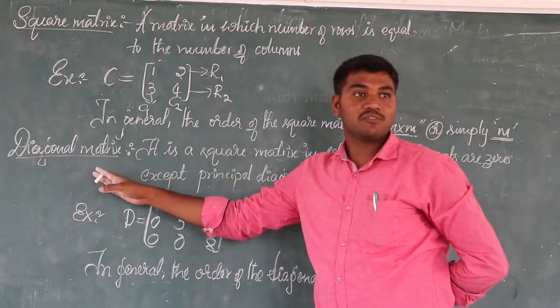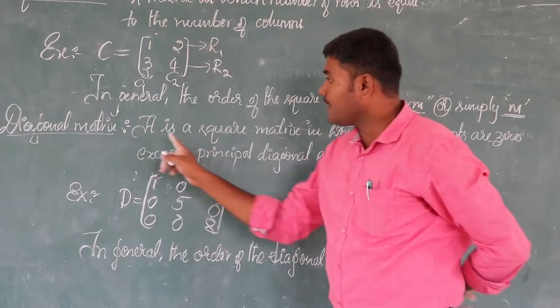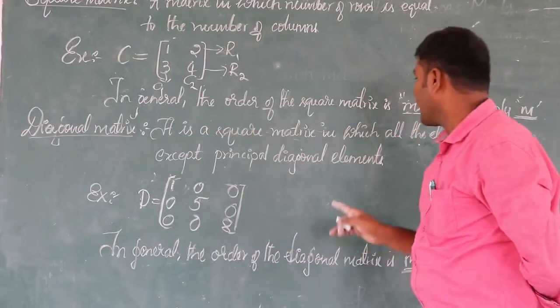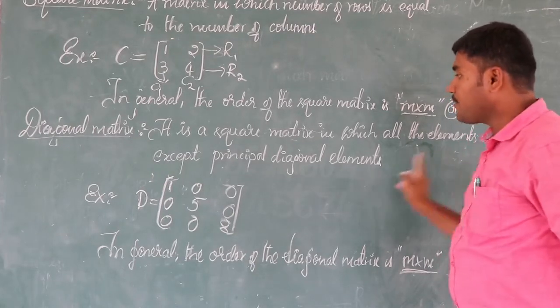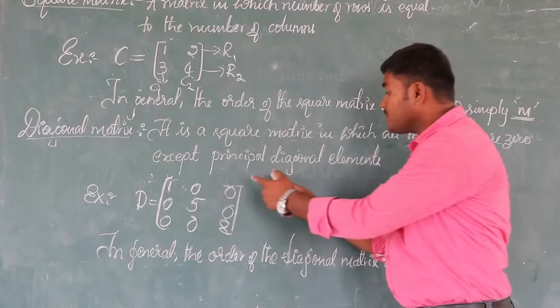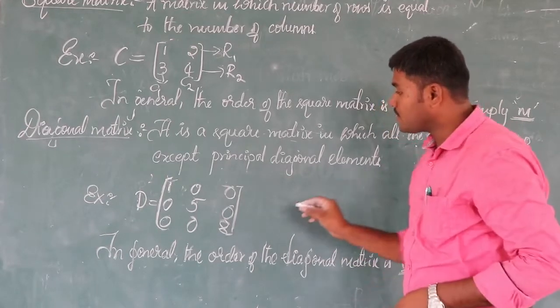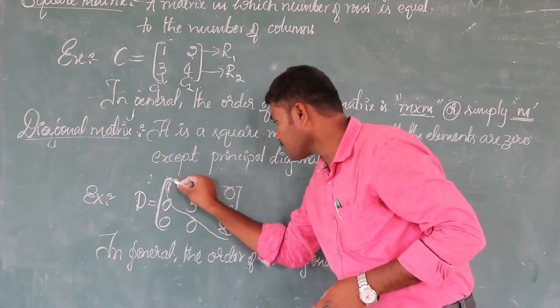So, diagonal matrix is a square matrix in which all the elements are 0 except principal diagonal elements. So let me explain. Principal diagonal elements means these elements are called principal diagonal elements.